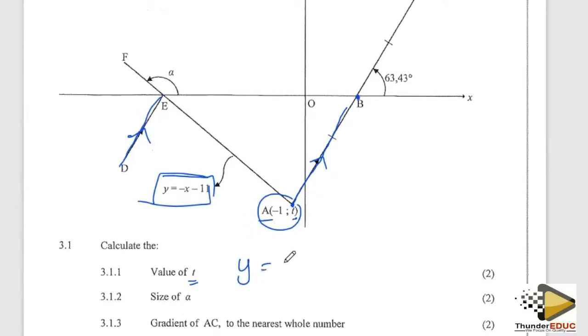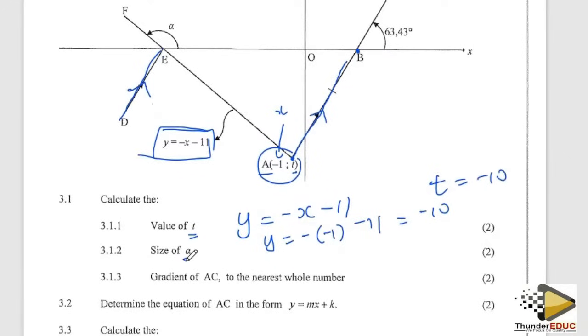So we're going to have y is equal to negative x minus 11. What is the x coordinate? The x is negative 1. So I'm going to say y is equal to negative 1 minus 11. The answer is negative 10. Okay. So which means my t is negative 10.